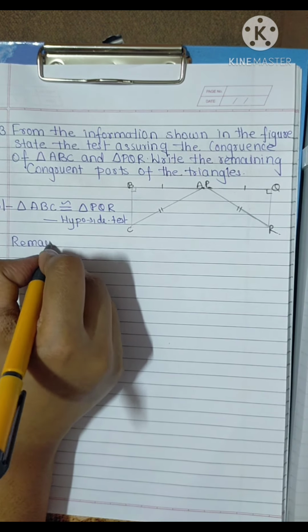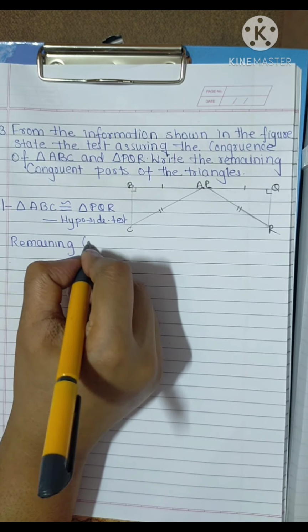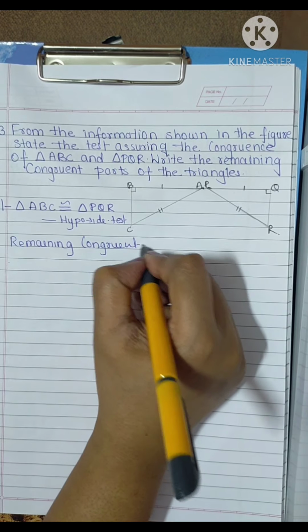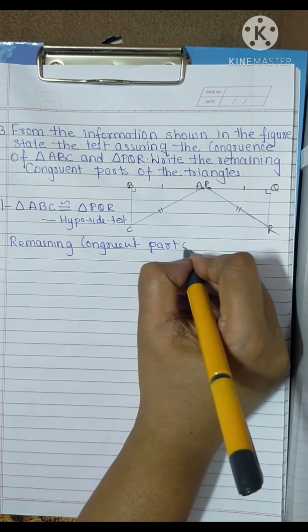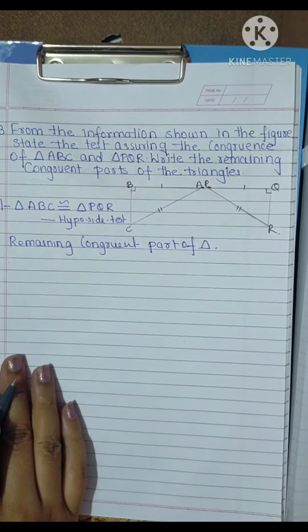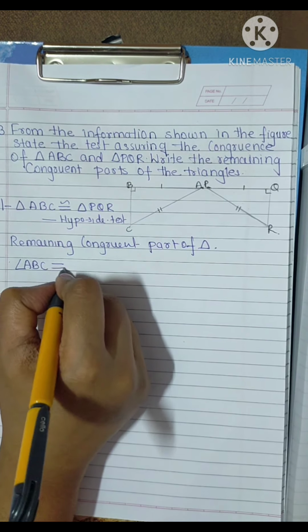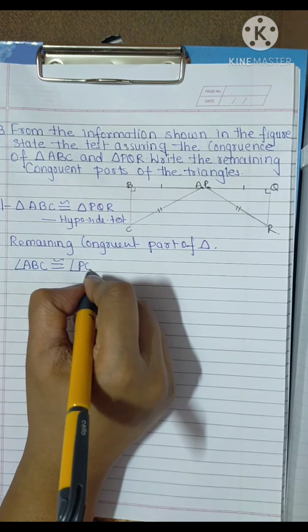So we have to show the remaining congruent parts of the triangles. Okay, now angle ABC is congruent to angle PQR.